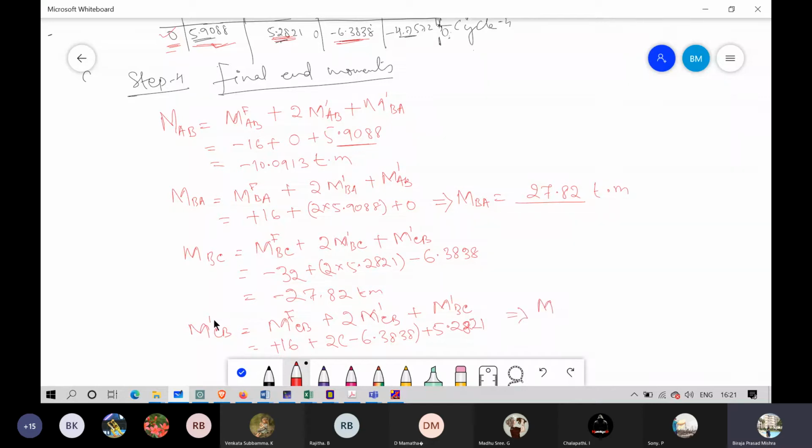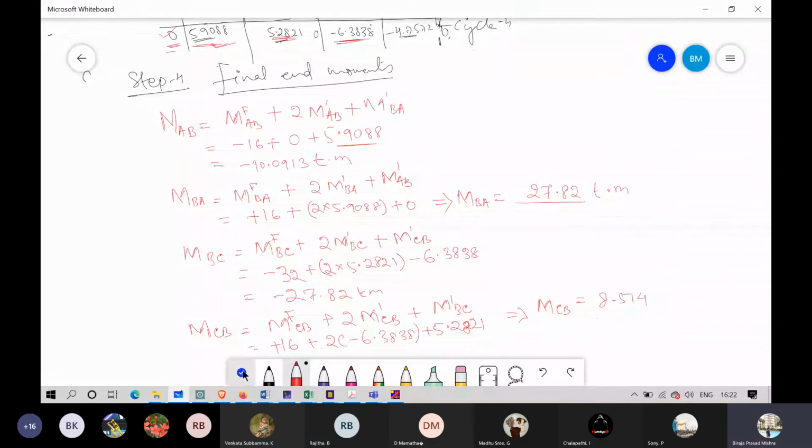Sorry, this is not M bar CB, this is MCB only, my mistake. So MCB equals, please find out the value. 8.514.